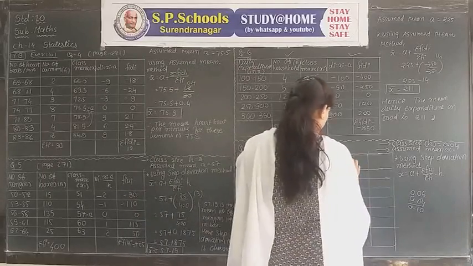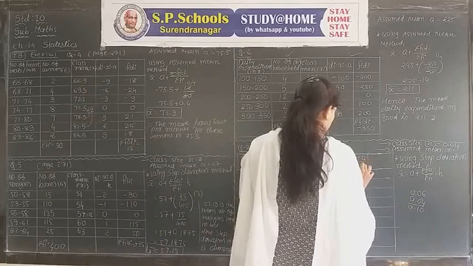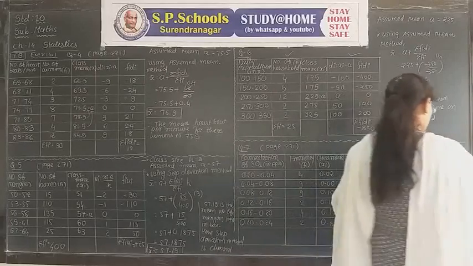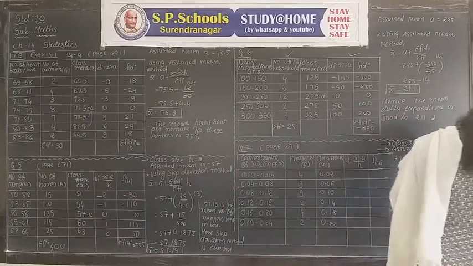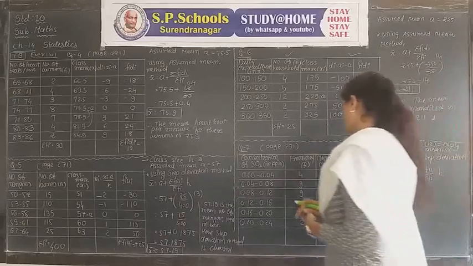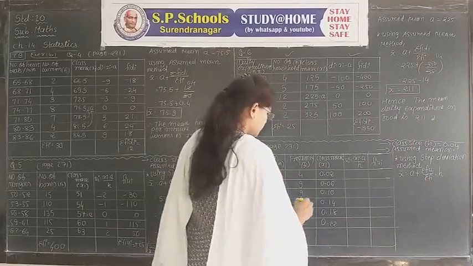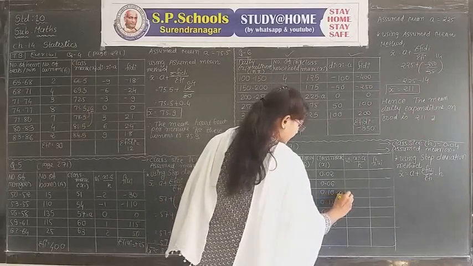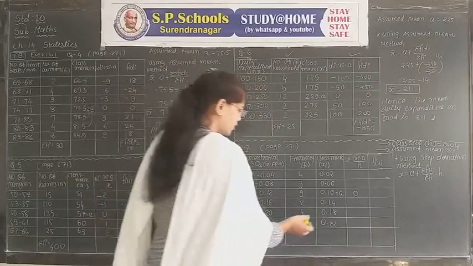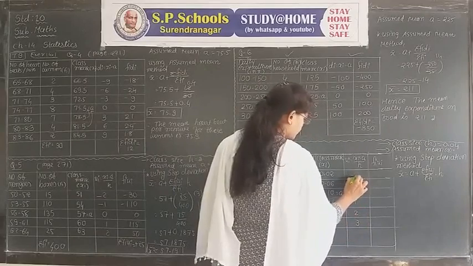Using the step deviation method, the next column is for ui equals xi minus a upon h, and the last is for fi into ui. To decide the assumed mean A, suppose we take 0.10 as A. In front of A it is 0, below it is positive 1, 2, 3, and above it is negative 1 and 2.